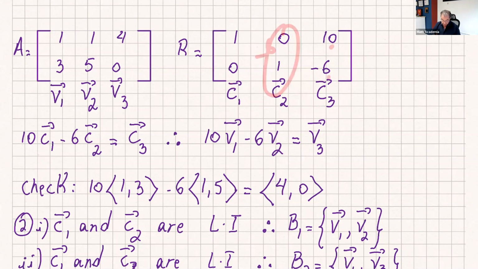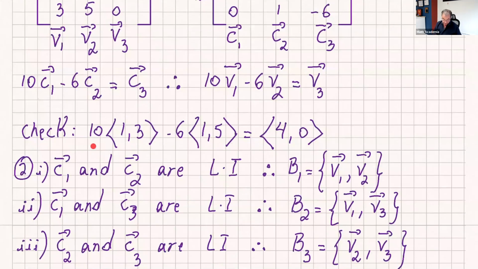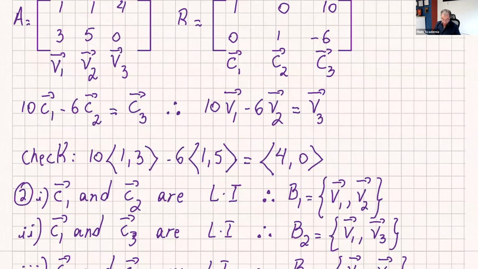And the good news is the same thing will happen to your original matrix. So if 10 times C1 minus 6 times C2 is C3, then 10 times V1 minus 6 times V2 will be V3 also. And I did the work here to show you 10 times (1, 3) minus 6 times (1, 5) is going to give you (4, 0). So basically it will work for the original matrix.